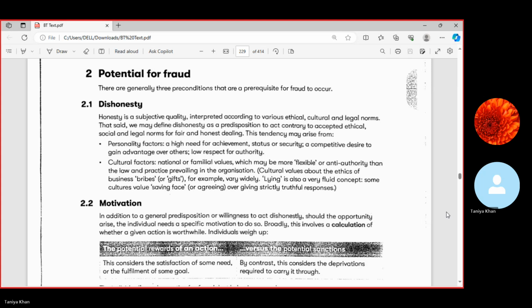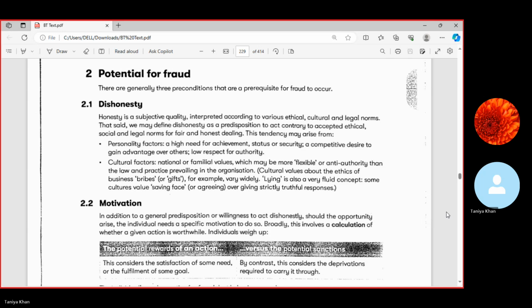So this tendency may arise from personality factors. When can a person be dishonest? When he has a certain aim to achieve much in a very small time period. So, a high need for achievement, status or security. In today's world, everyone is part of a race, and everyone wants to go ahead of the other person.